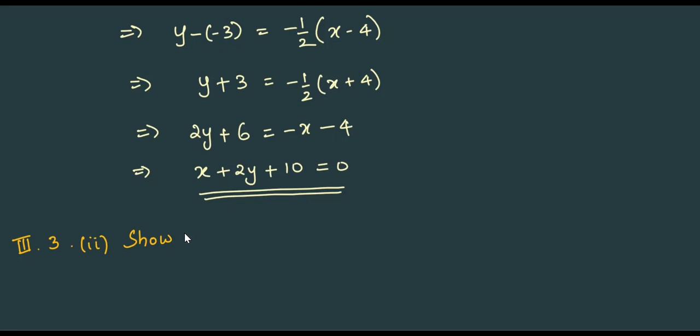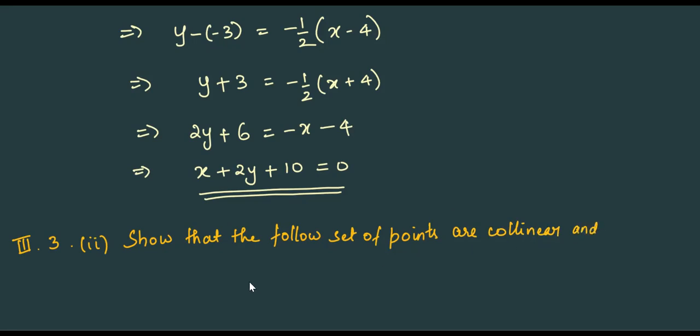Show that the following set of points are collinear and find the equation of the line containing them.